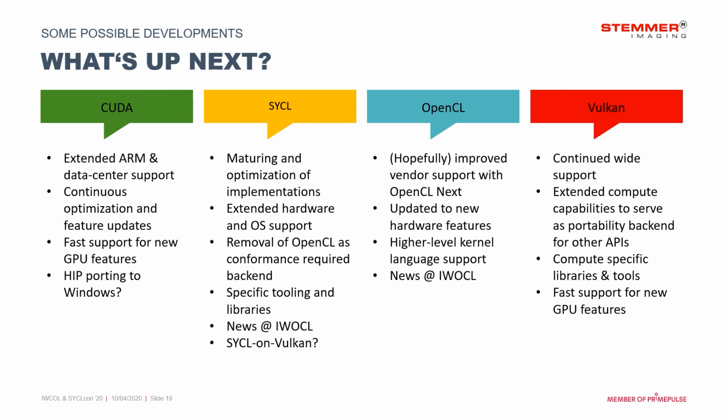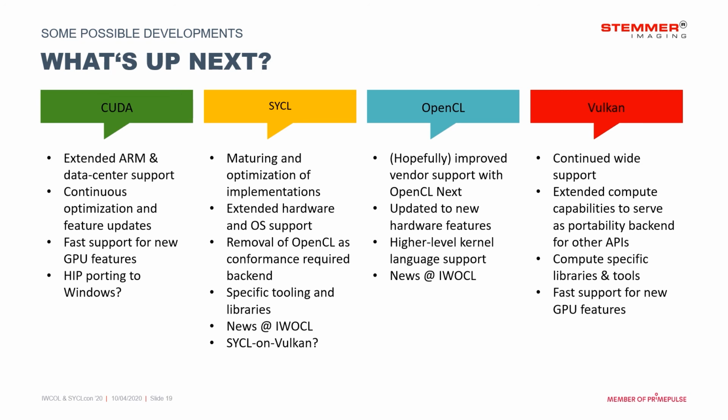For Vulkan, I would say that it will stay a very widely supported opportunity to use some compute capabilities of GPUs. I think that it might even be somewhat extended in its compute capabilities, so it can be used as a portability backend for some more APIs, like to remove some limitations of CLVK, for example.